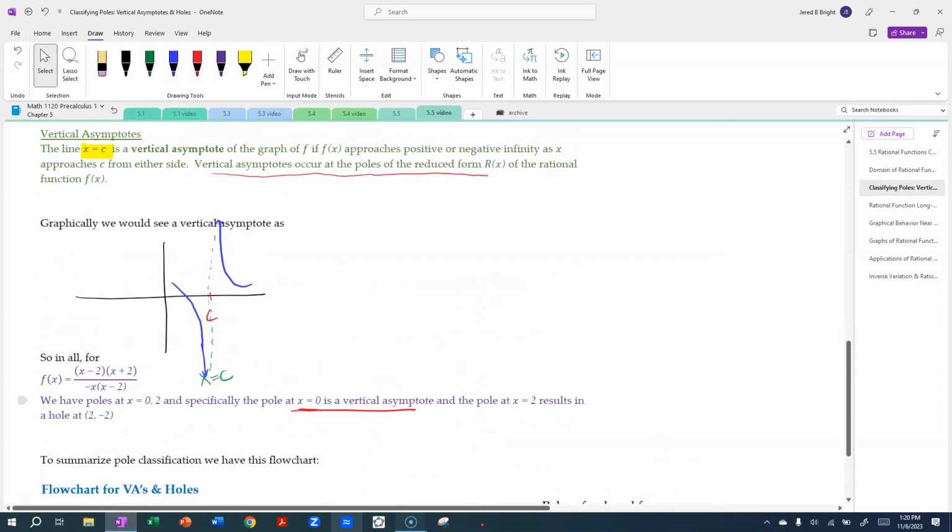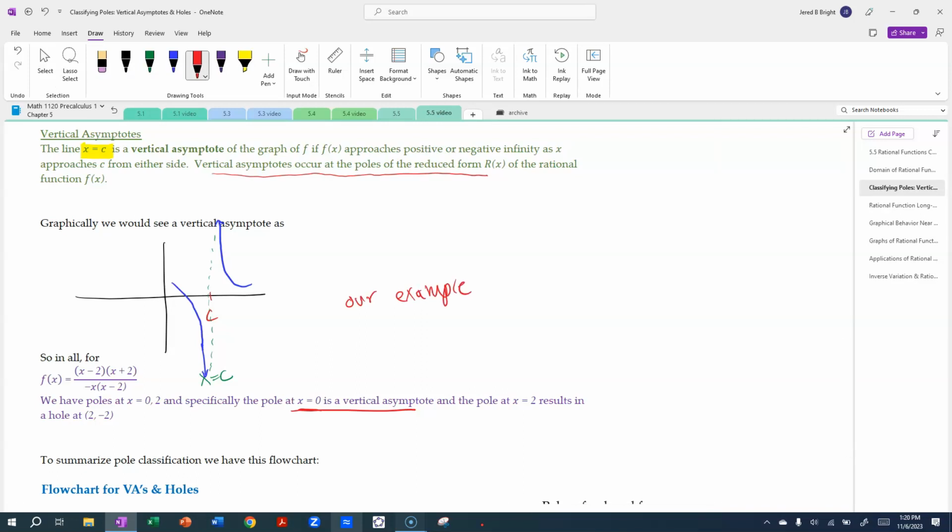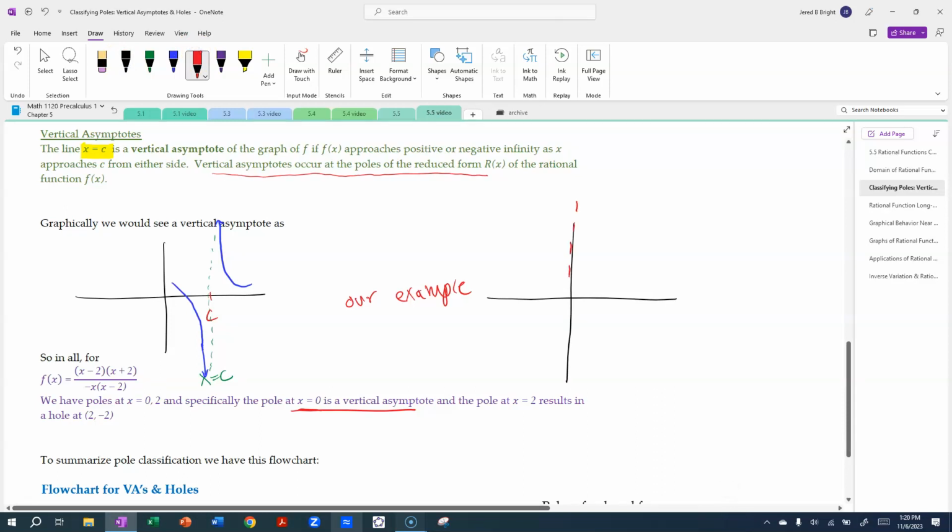So in our example, what we would see is something like at 0, we would have this vertical line along the y-axis, but that's the line x is equal to 0, right?